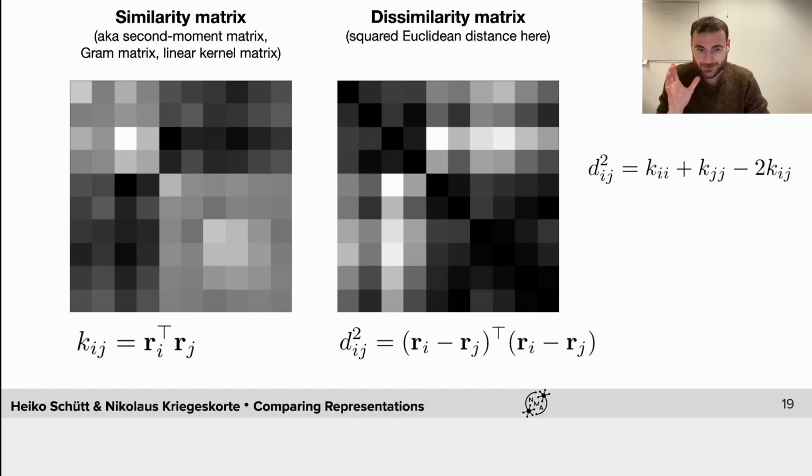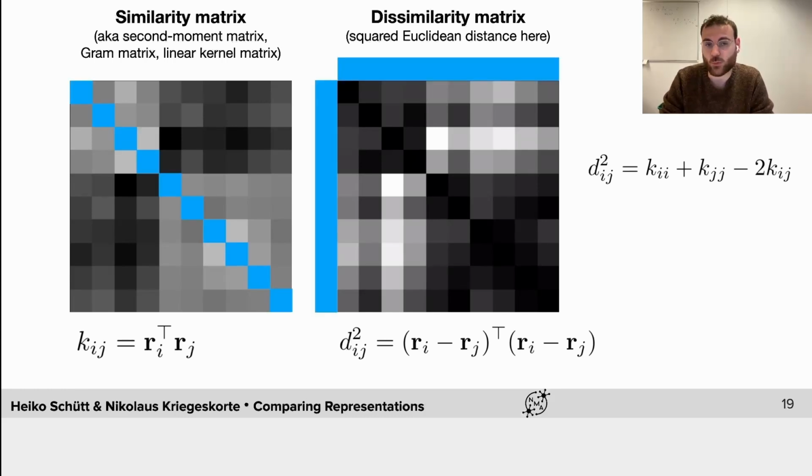Now, very attentive listeners might notice that there is a diagonal of zeros in the distance matrix. So the distance matrix has a few dimensions fewer than the kernel matrix. We can fix that, however, by adding one more row and one more column to the dissimilarity matrix, which is the distance to zero.